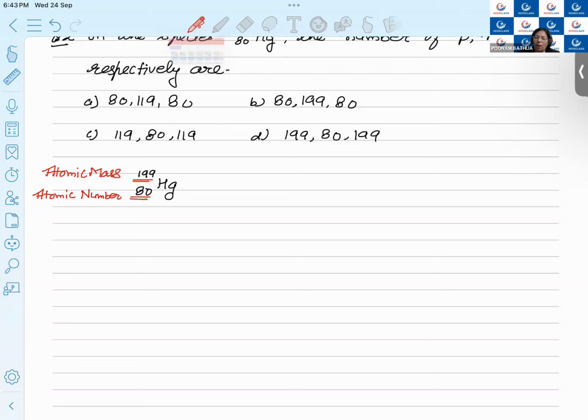Okay, now atomic mass is what? Proton plus neutron. Atomic number is what? Protons, right?